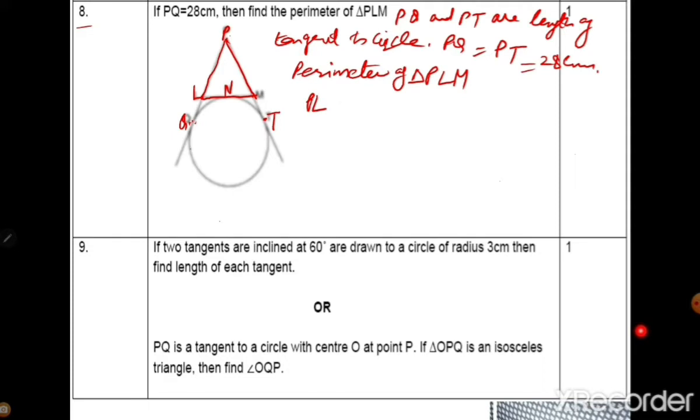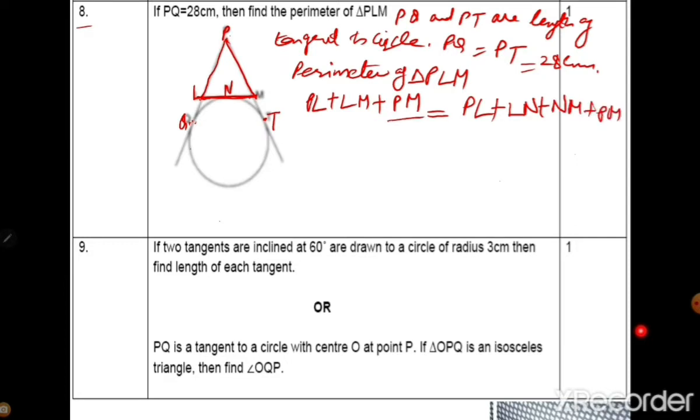That is PL plus LM plus PM. This is the perimeter. We have to find this one. So we can write PL is PL only, and then LM. LM is LN plus NM. We can separate this as LN plus NM plus this PM.